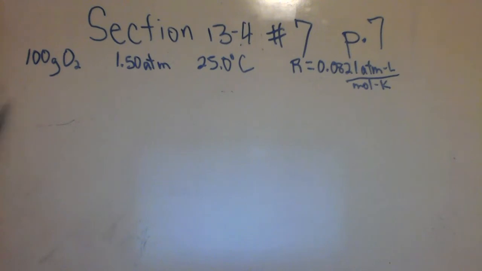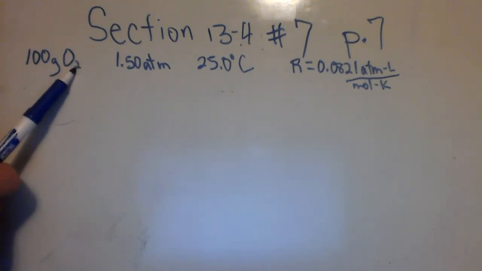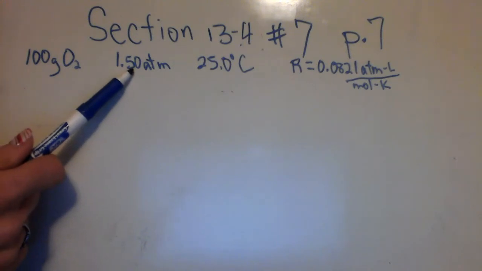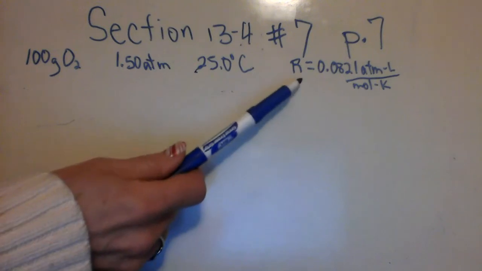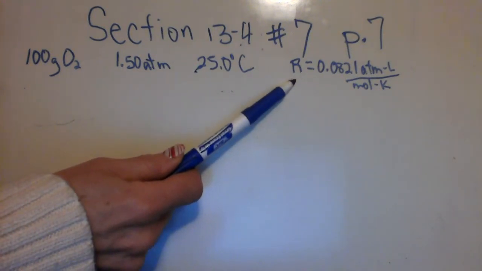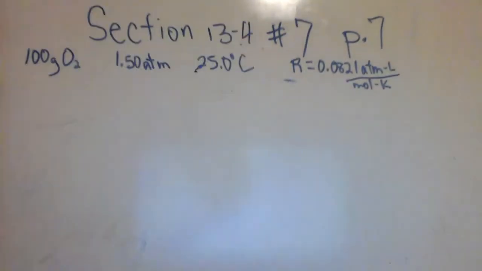The values we're given are 100 grams of oxygen gas, so we know it's O2, 1.50 atmospheres of pressure, 25 degrees Celsius, and the universal gas constant we already know.